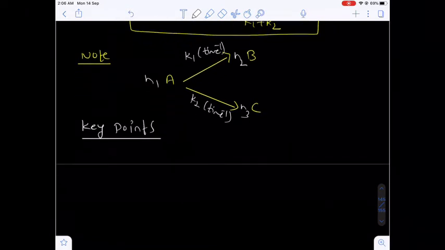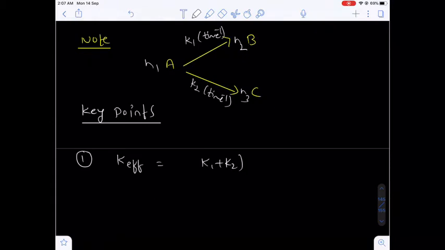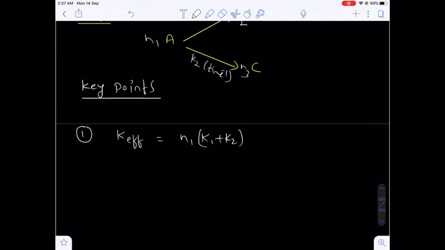What are the important key points? The first key point is the K effective. The K effective is actually K1 plus K2, but we have to multiply by the stoichiometry of the reactant, N1, so it is N1 into K1 plus K2. Are you getting my point?